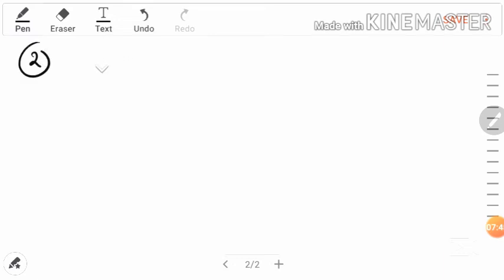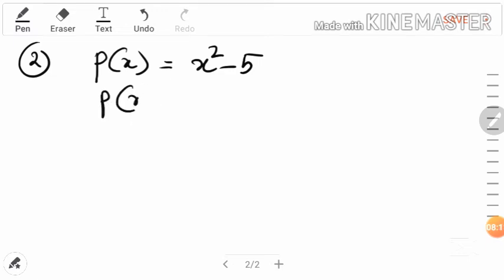Second question, p of x is equal to x square minus 5. Now here we cannot use the sum and product method because the middle term is not there. So to factorize this, let's first equate the polynomial to 0. So x square minus 5 is equal to 0.